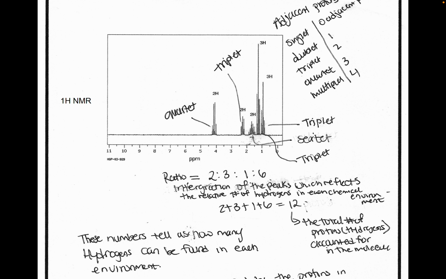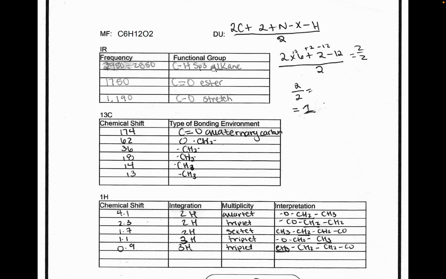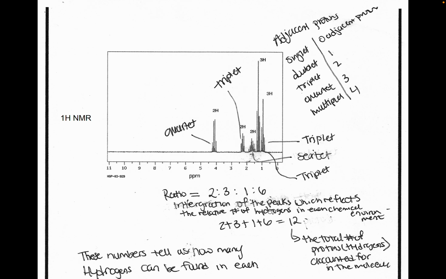And then step 5, my final structure proposal. This is the information from each of my charts that I gathered, showing the functional groups, my chemical shifts, and the types of bonding environments, and the information that I collected from all of these.